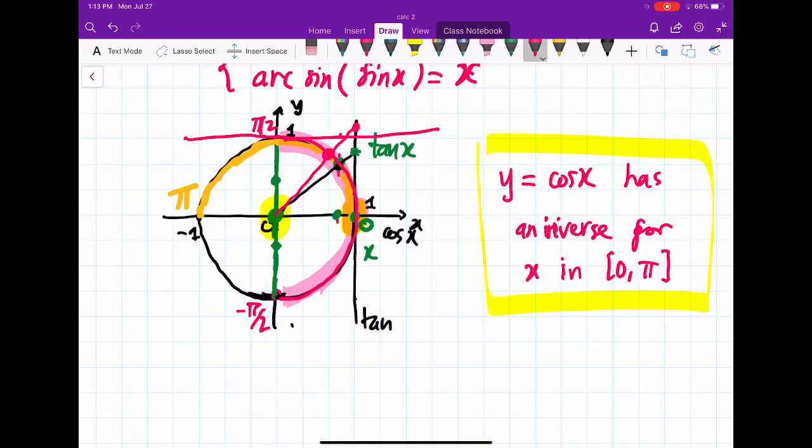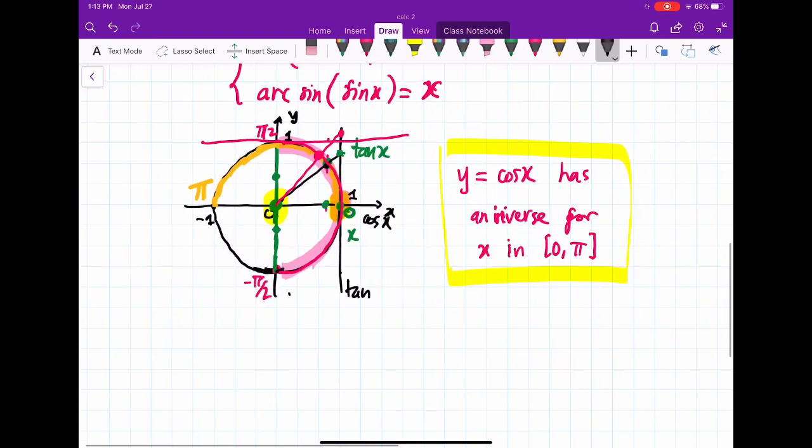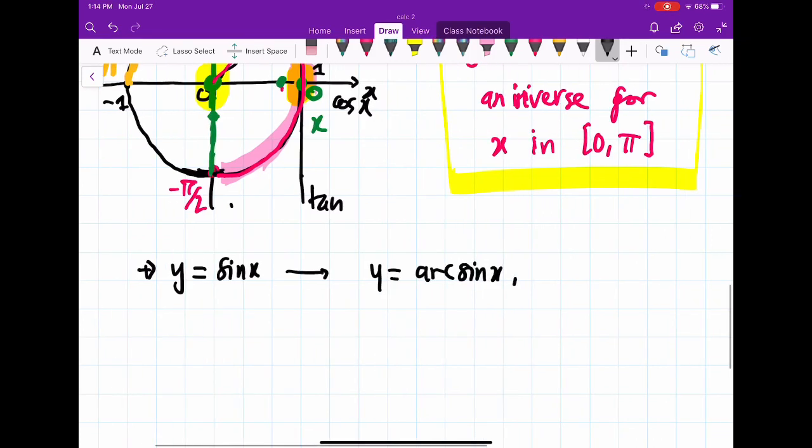So for cotangent, you may choose 0 to pi. Okay? So I can do a summary in here. The function y equals sine of x has an inverse y equals arcsine of x, and I would like to write in here, when x is between negative pi over 2 and pi over 2.